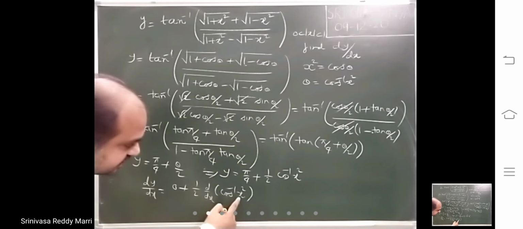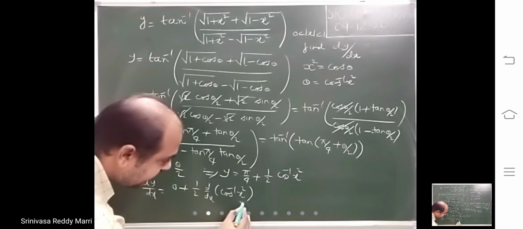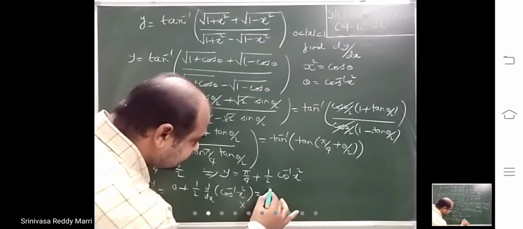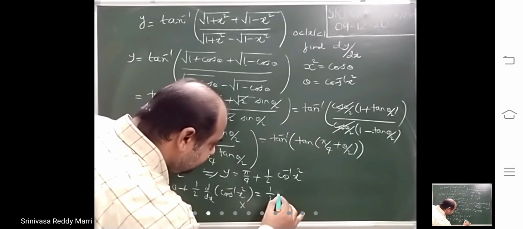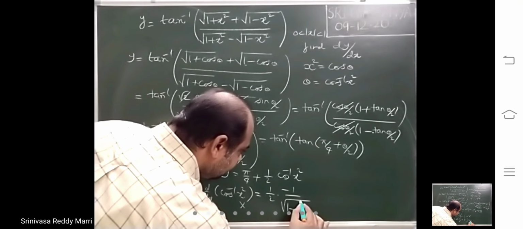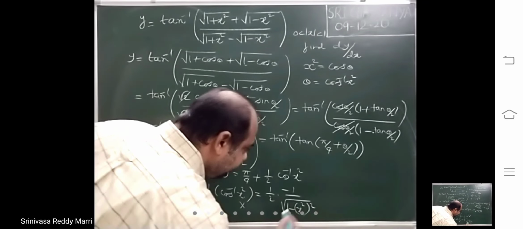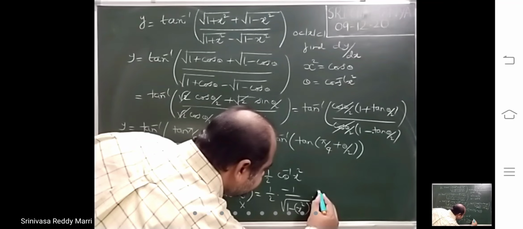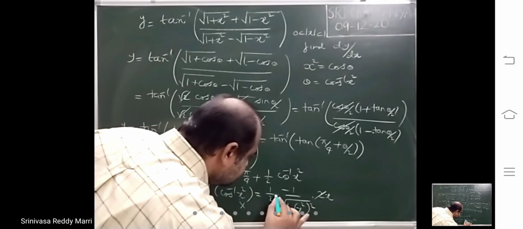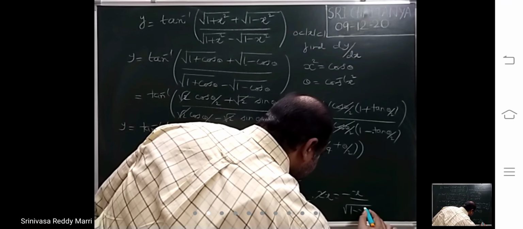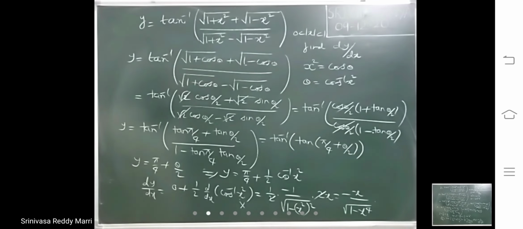Now you know how to do the derivative of cos inverse. Take x square as capital X. Cos inverse capital X gives 1 by 2 into minus 1 by root of 1 minus capital X square, into derivative of capital X square, which is 2x. So 2 cancels, and we get minus x divided by root of 1 minus x power 4. That is the derivative.